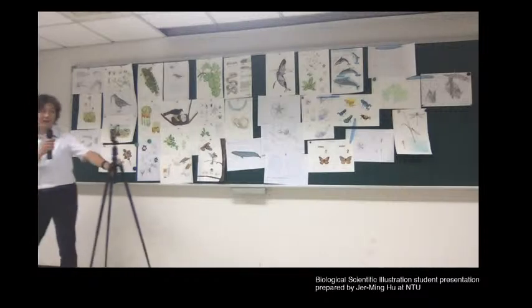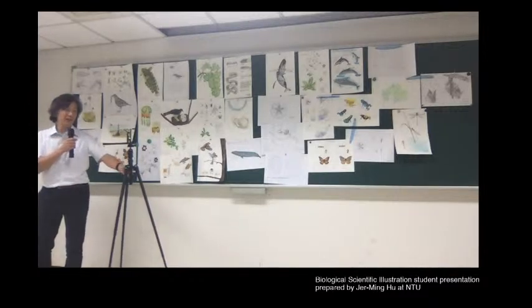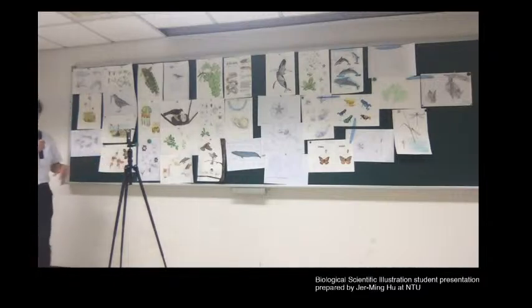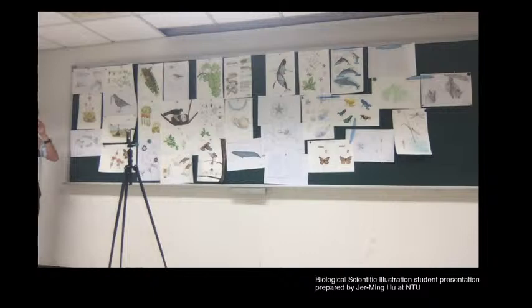So there was Han Yao, and he's also an illustrator himself. He was trying to make some points about what he thinks the students can improve in their illustrations. The first is the scientific part, because this is called scientific illustration.